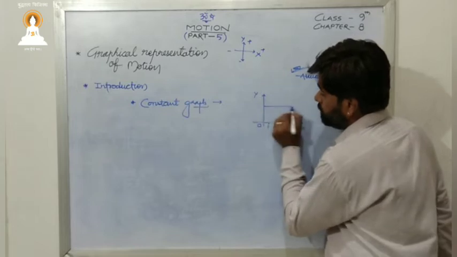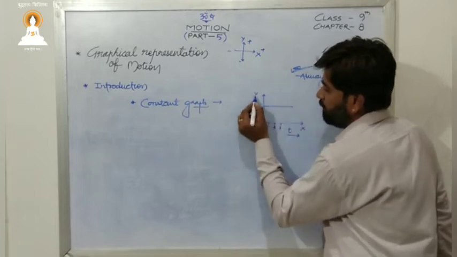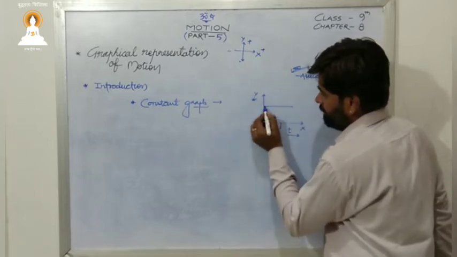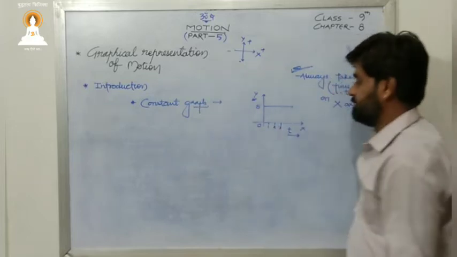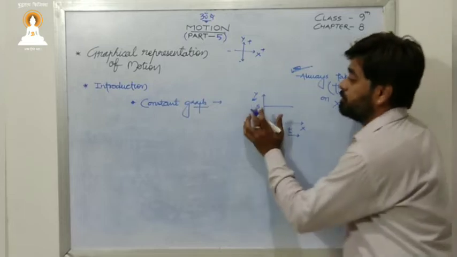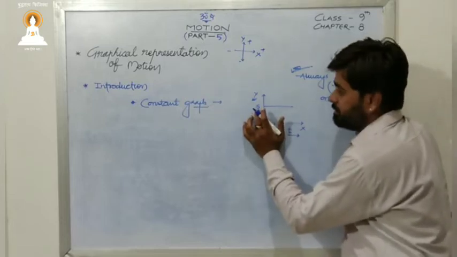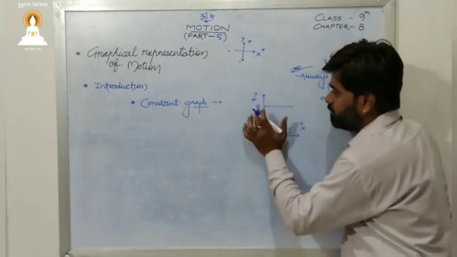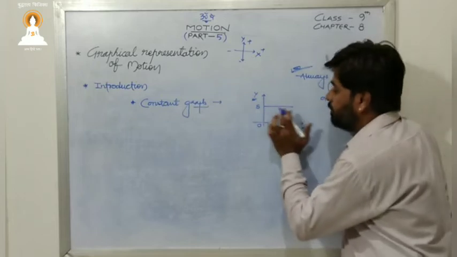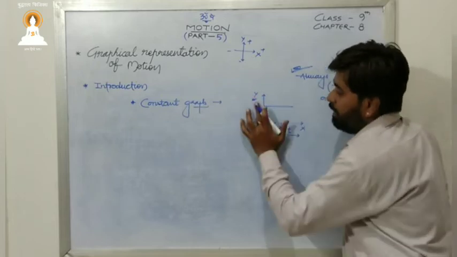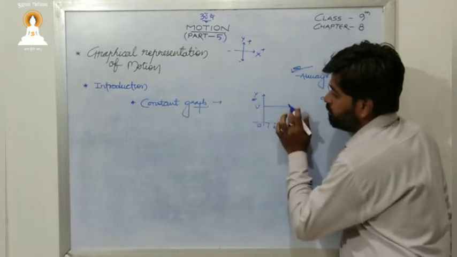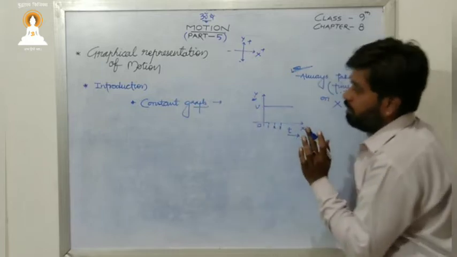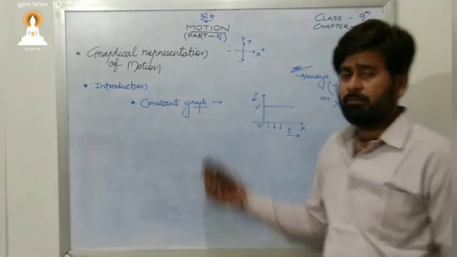Whatever this physical quantity is, suppose the position S is here. Position means distance, so constant distance, whatever was the initial one. If I take velocity here, then velocity is constant throughout the motion. So such a type of graph is what?